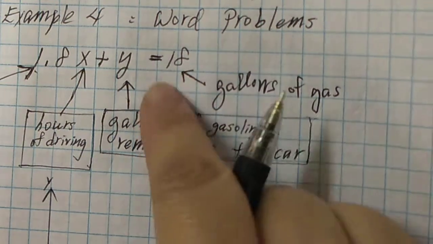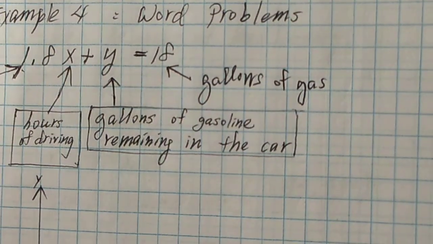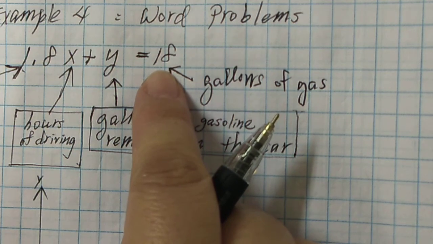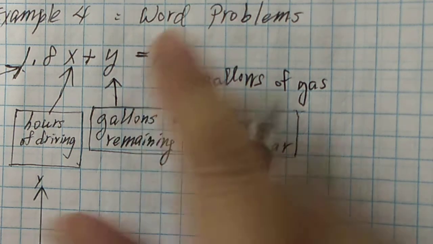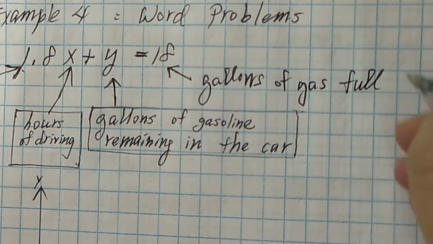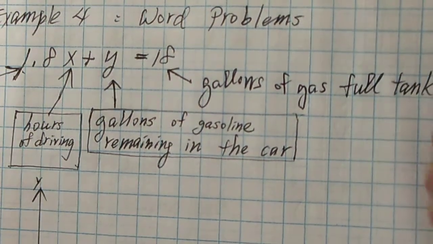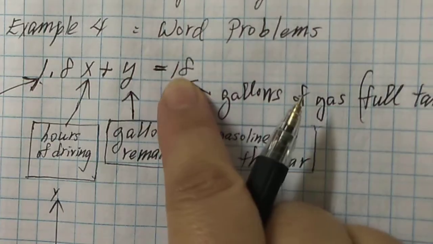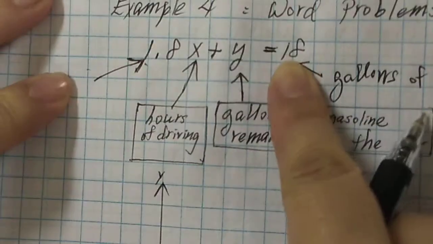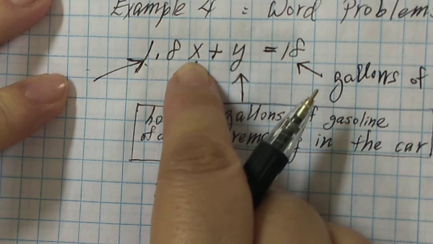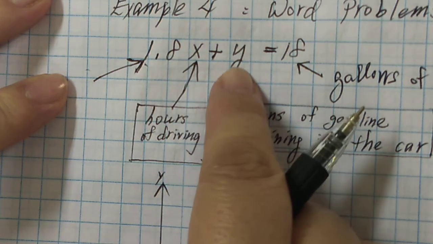What do you think that is? Well, that must be the amount of gas in the car when you started, or a full tank. When the tank was still full, that's how many gallons you would have. And if you drive for this many hours, you have this much left.